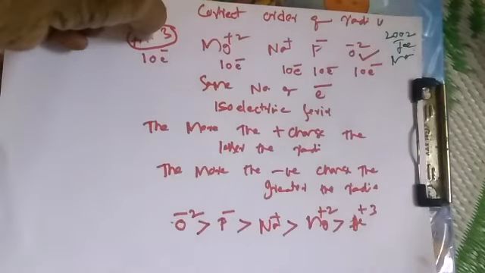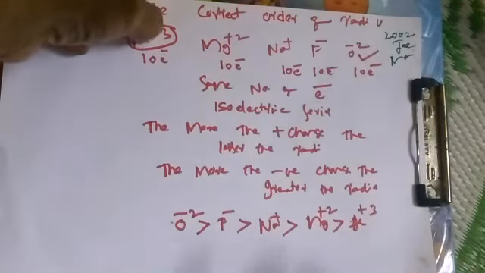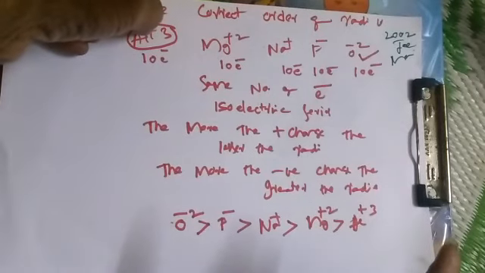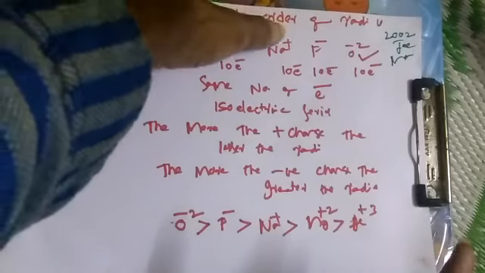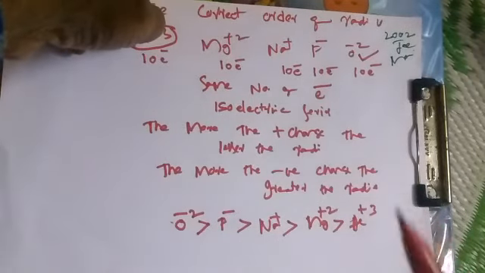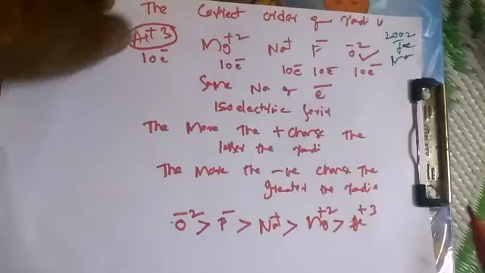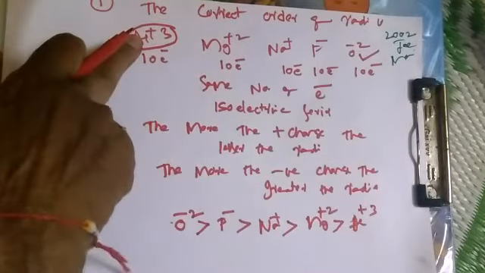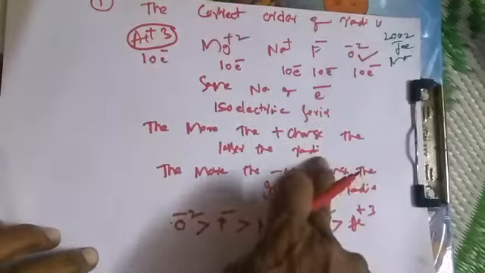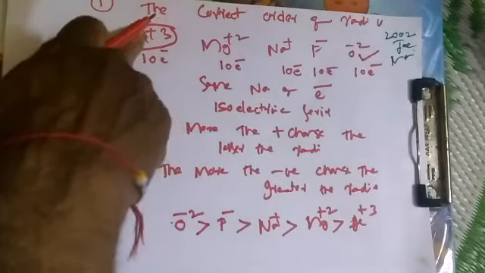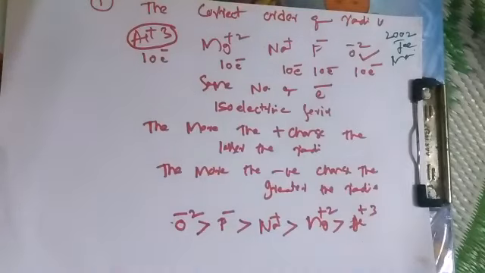Aluminum plus 3 has more positive charge compared to magnesium and sodium, so the smallest radius is aluminum.